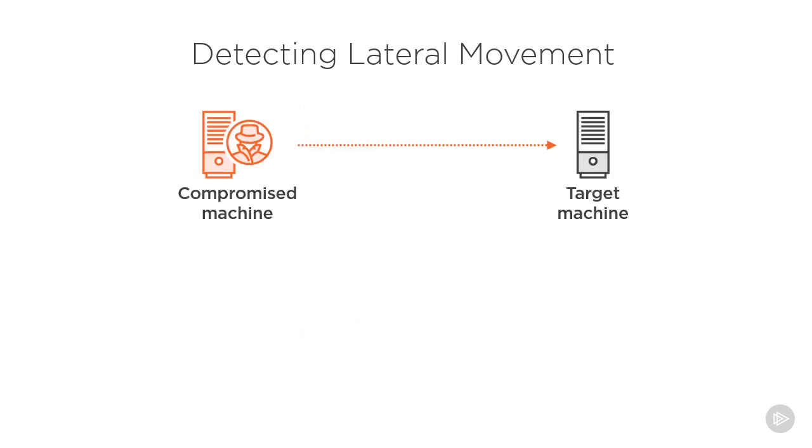In lateral movement scenarios, we must consider two parts: the already compromised machine and the target machine that the attacker is trying to access. For the Windows operating system, if we detect a rogue PowerShell process on the compromised machine, on the target machine, this can be correlated with the WSMProvHost.exe.